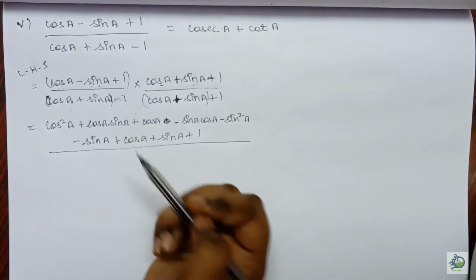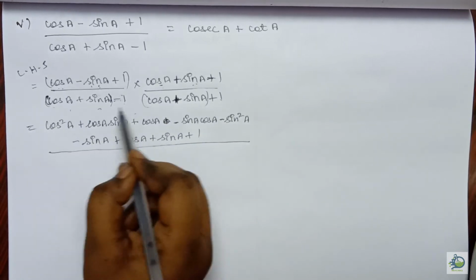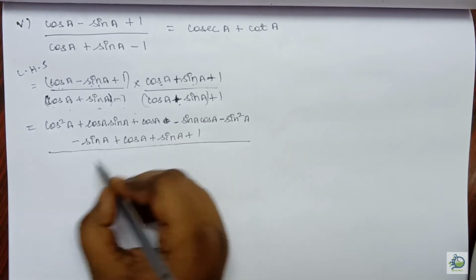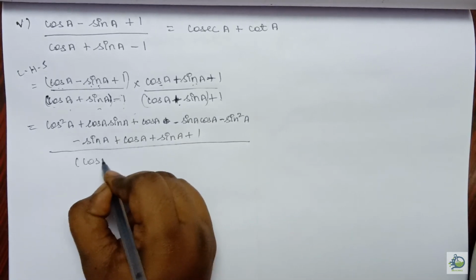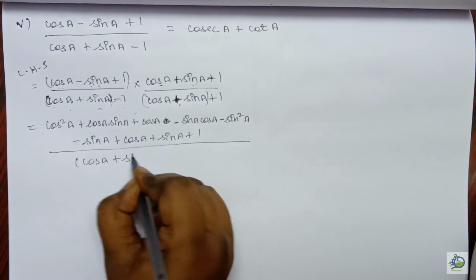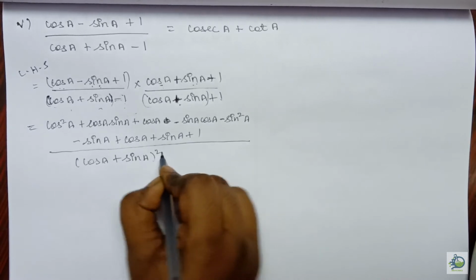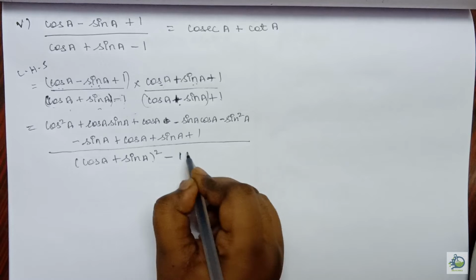So A square minus B square can be written as A minus B into A plus B. So this can be written as cos A plus sin A the whole square minus 1 square.